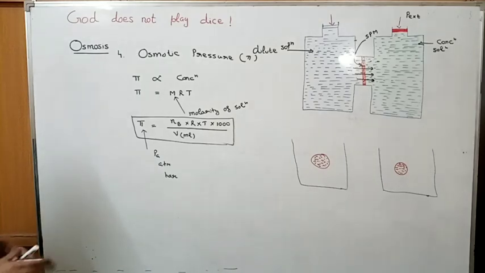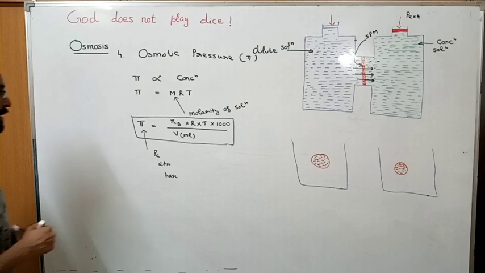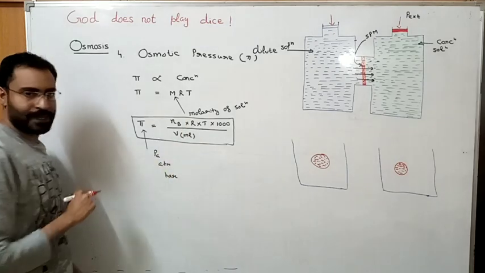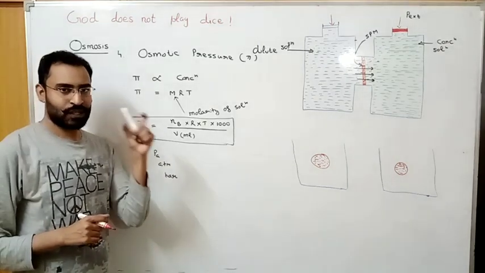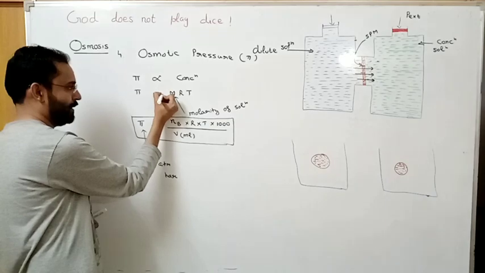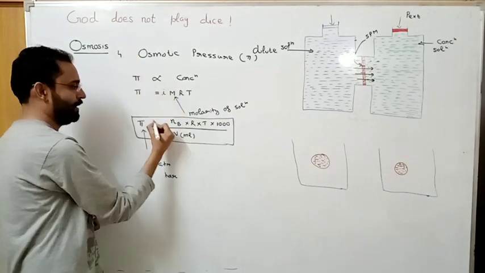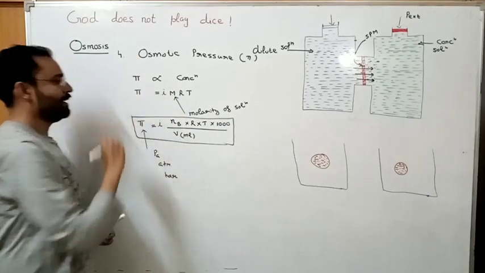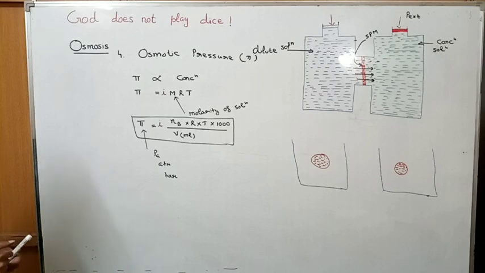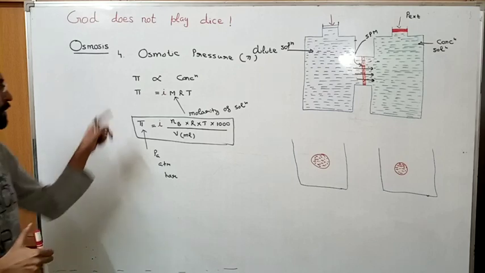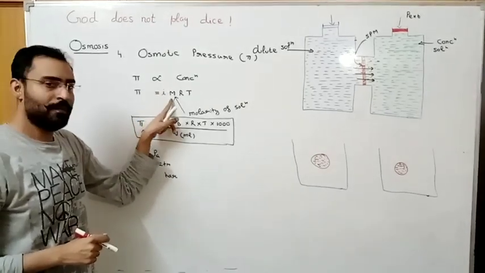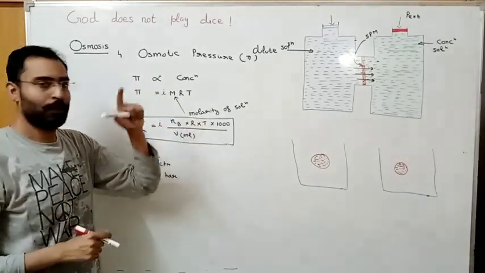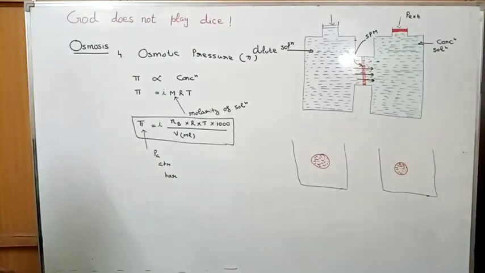Last but not the least, for exact calculation of osmotic pressure, we have to put an extra symbol, that is i, the van't Hoff factor. So osmotic pressure is pi is equal to i into m into R into T.